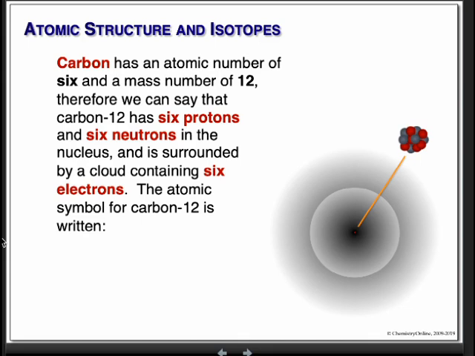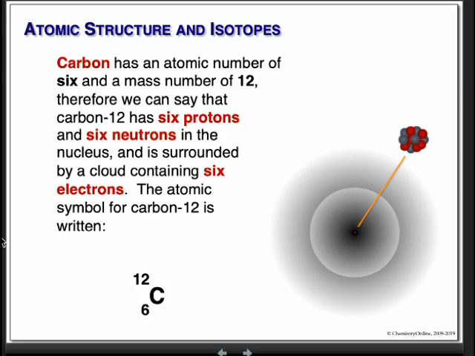If we were to write the atomic symbol, we could write this: 12 for our 6 plus 6 is 12, and 6 is our atomic number. Now it has 6 protons, so that makes it a carbon, right?